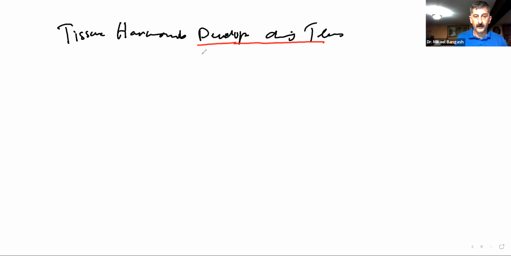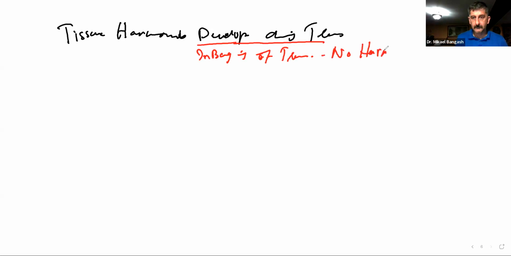Mainly we mean that in the beginning of transmission there will be no harmonics. Deeper in transmission, that's where we will have harmonics.